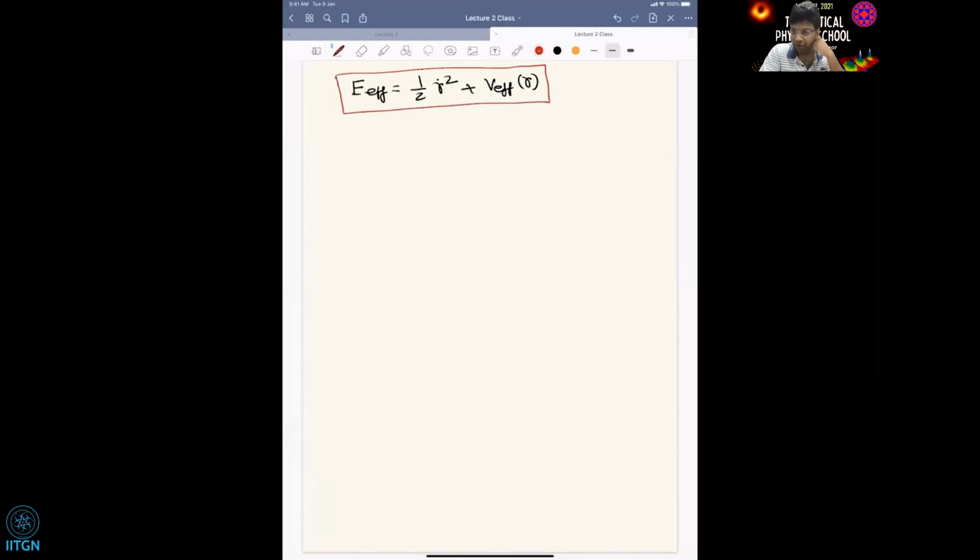If you now recognize that r dot square is, in some sense, the kinetic energy, it's a little bit different, because dot is not really with respect to time, it's with respect to the proper time.